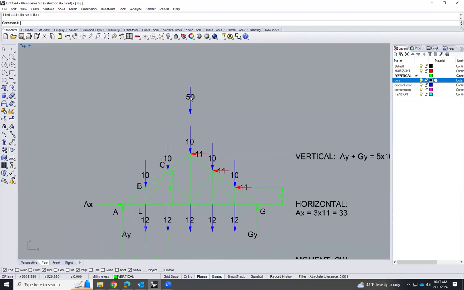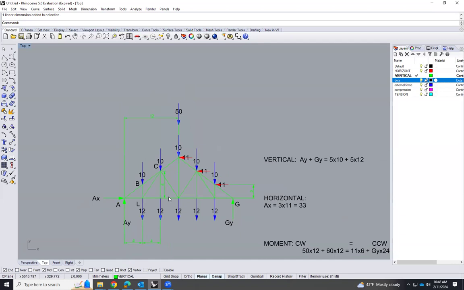What is the distance between the action line of this force and that point? Well, the action line is this vertical line, and the point is this. So the distance is 12. We have 4 times 3, it's 12.